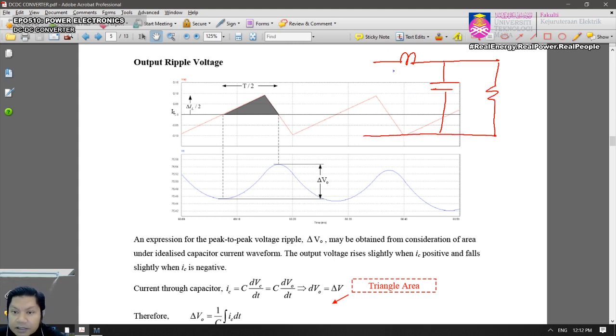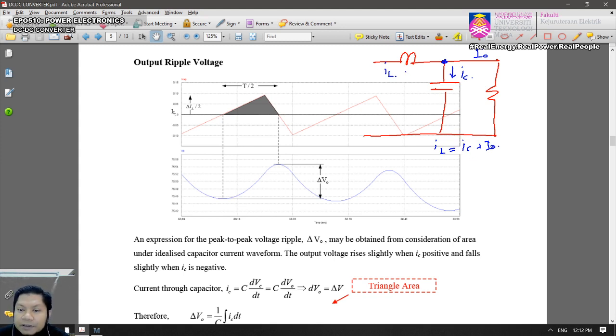And we know that you have an IL there, and then you have a constant output current I0, and we have a ripple current IC here. Why? Because at this particular node, we know that IL equals IC plus I0, isn't it?